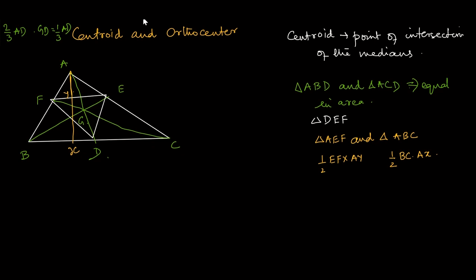And what is EF? By similarity of triangles, we can prove that EF is equal to half BC. We did this the other day, that EF is a line joining the midpoints of two sides, right? So EF would be half of BC, right? And what would be AY?